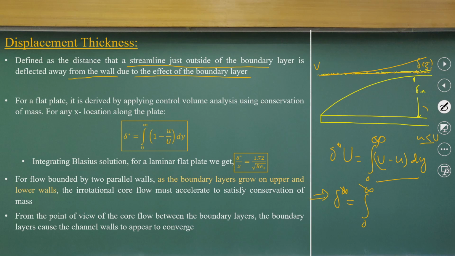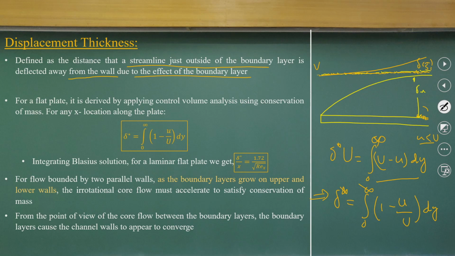You can integrate it, but beyond the boundary layer the integrand is 0. So we get delta star equals the integral of (1 minus u over U) dy. If you know the velocity distribution, you can integrate from y equal to 0 to infinity, and then you will get the displacement thickness.